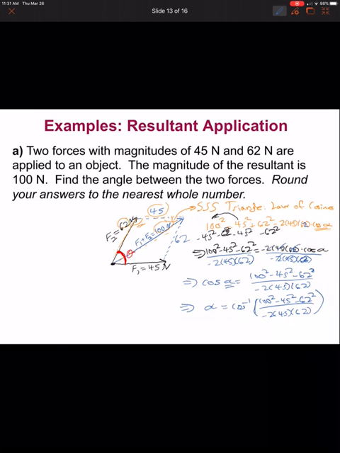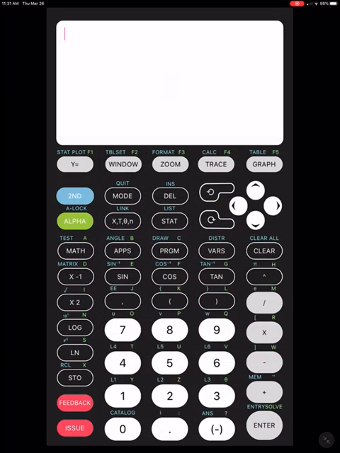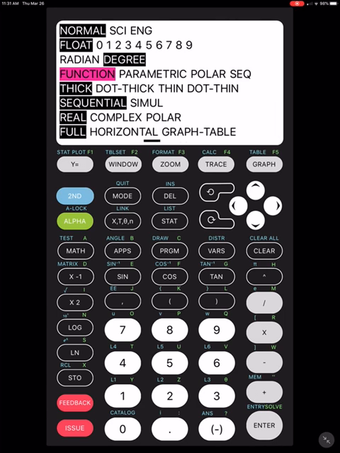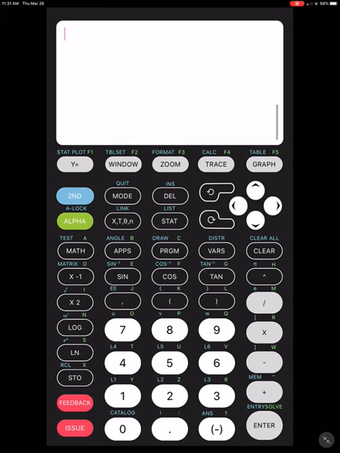Let's pull up our TI and put it in together. Before we begin, make sure your mode is in degrees, since we're looking for an angle measurement in degrees. Second cosine. Now let's be careful.